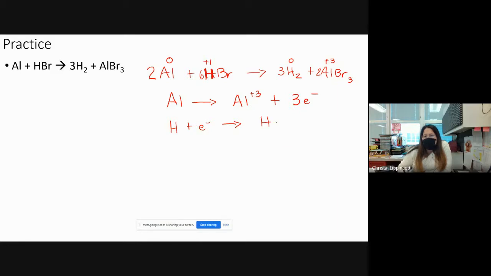It's just going to be H. But no, that doesn't work. I think shouldn't it be 2H plus 2E goes like H2? So you should multiply the whole. I don't know. Yeah. It's found two there.